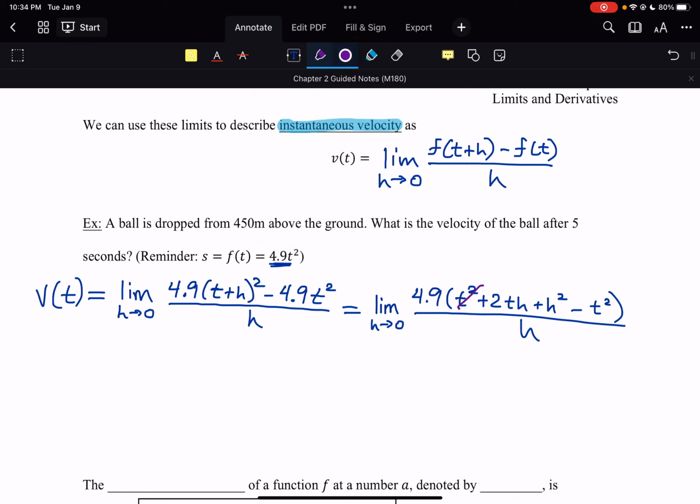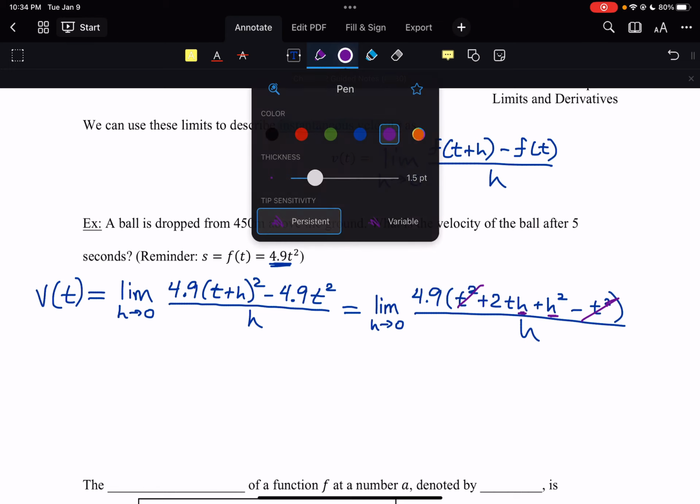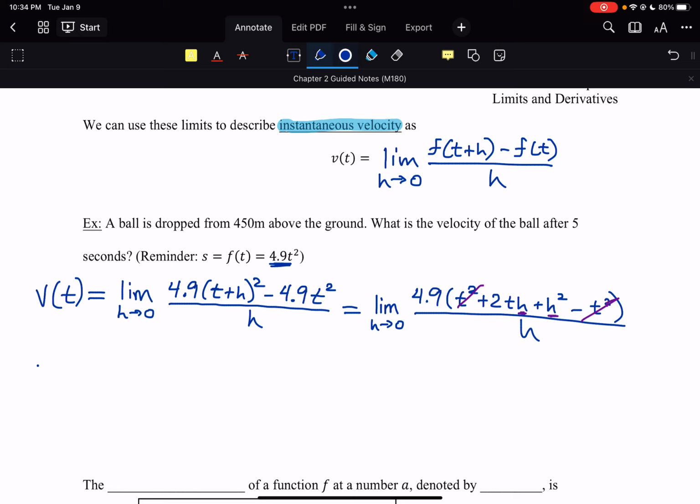We have a t squared minus a t squared. And if you look at what's left, notice there is a common factor of h in both of those as well. So we can actually go ahead and factor that out. So we have 4.9h, and what's left is 2t plus h all over h.